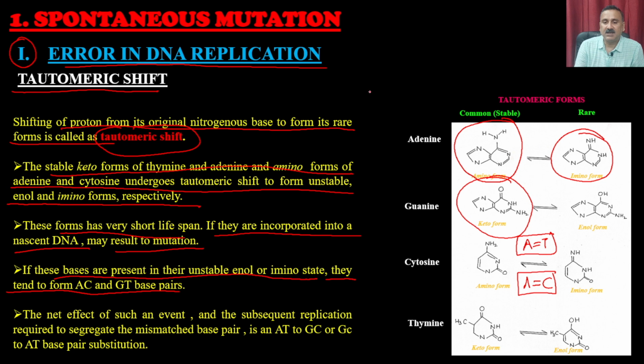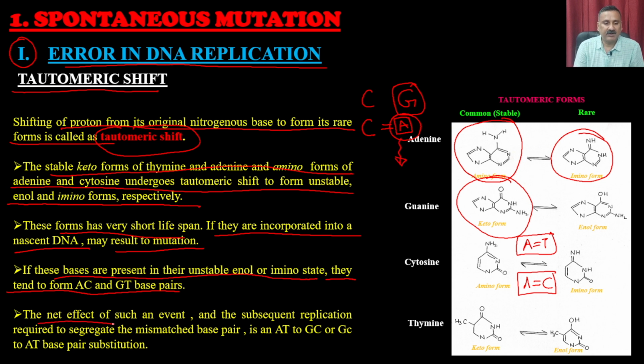So, imagine that you have a C in the template. Ideally it should be G in the replicated DNA, right. But since this kind of tautomeric shift is happening, C is going to give rise to the synthesis of A. So, instead of G, you are going to have A in the DNA sequence, and that is how it is going to cause the mutations.